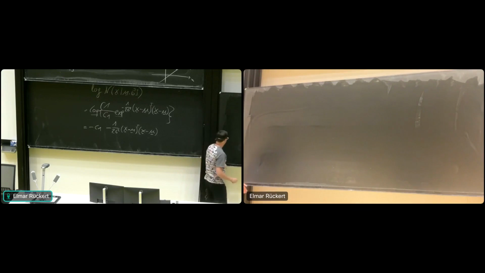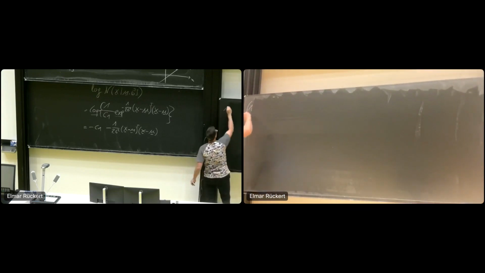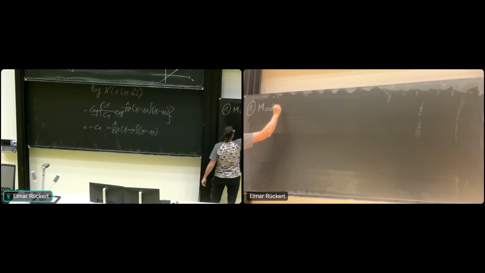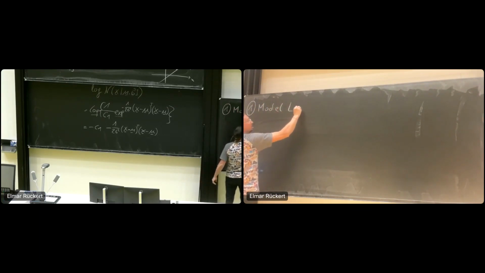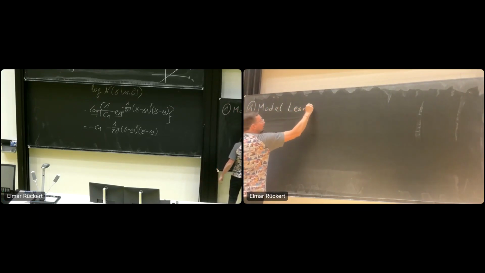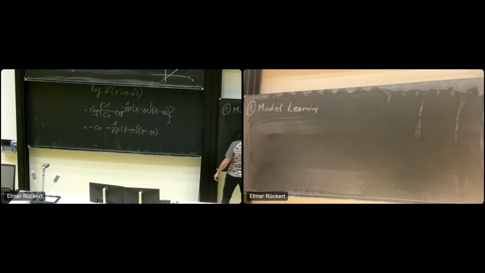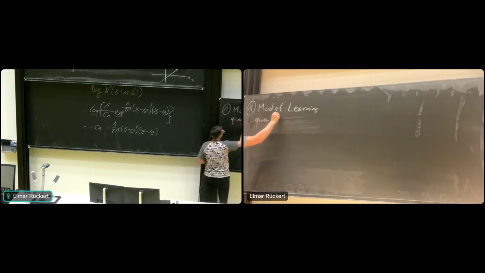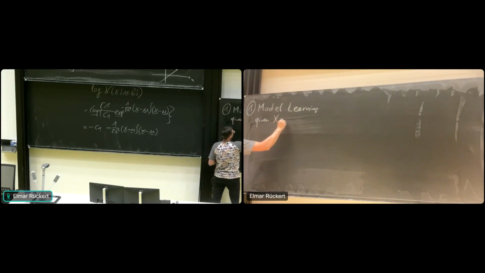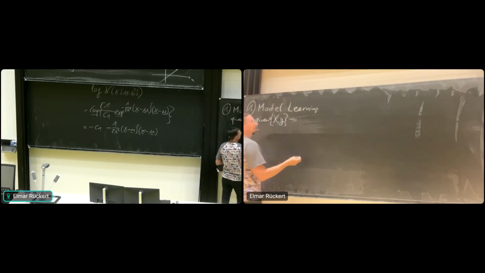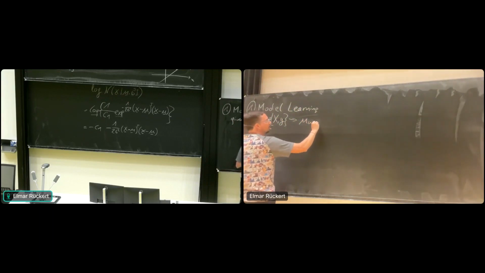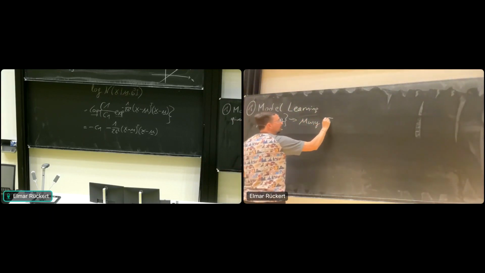So the general process is that first we have the model learning phase. Given X and Y, we computed our mean and our covariance.